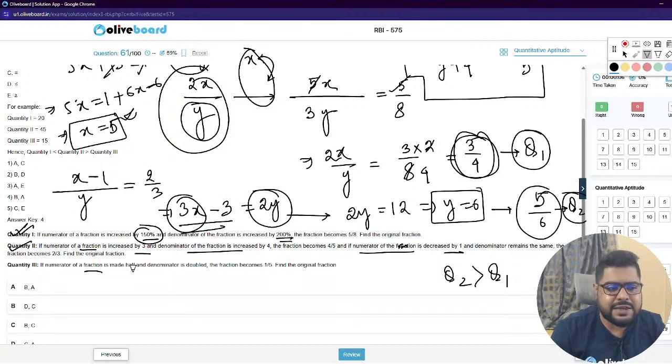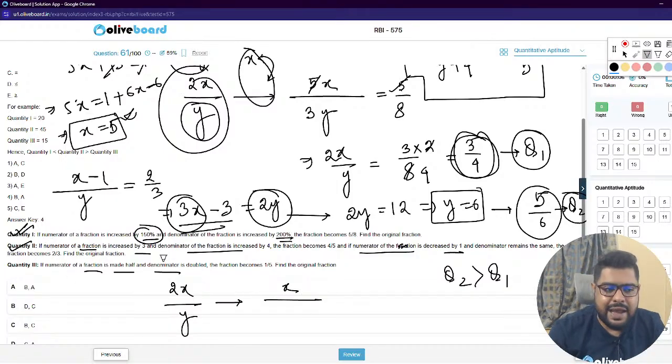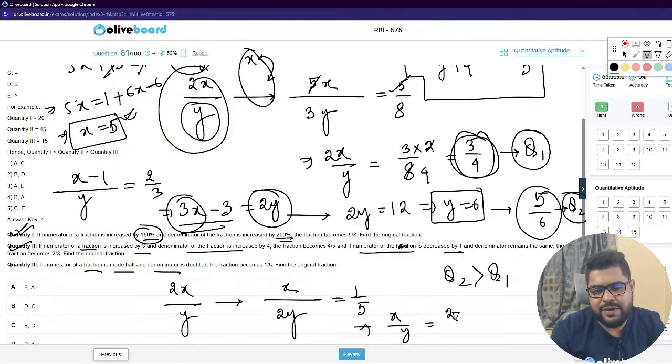Numerator of a fraction is made half and the denominator is doubled. So I'm taking the initial fraction to be 2x by y. The numerator has been halved, so it has become x, and the denominator doubled, meaning 2y. So this becomes 1 by 5. That means x by y is 2 by 5, so 2x by y is 4 by 5.